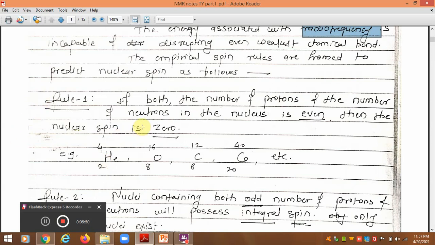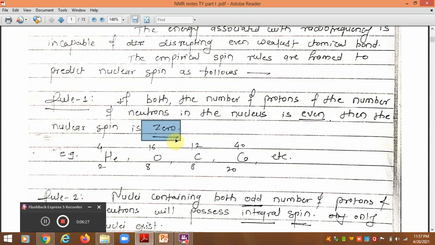We are all aware of the structure of the nucleus: it consists of two particles, the proton and the neutron, and the proton carries a positive charge while the neutron is without charge. If both the number of protons and the number of neutrons in the nucleus of the atom are even numbers, like 2, 4, 6, then the nuclear spin of such a nucleus will be 0.